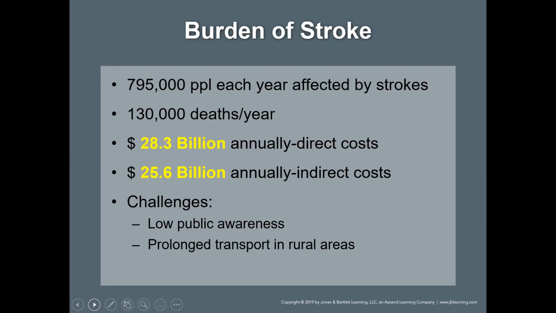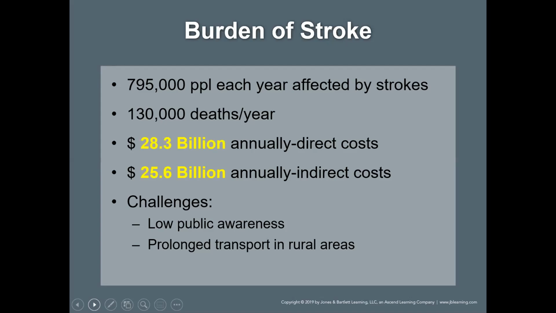Indirect costs like loss of work are $25.6 billion. When somebody is altered and never able to work again, that's an indirect cost loss of productivity.